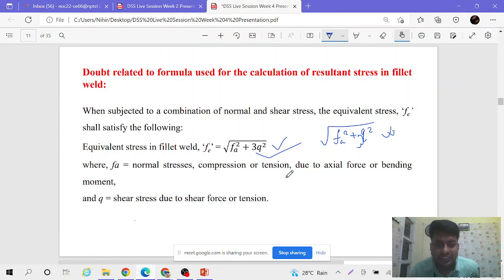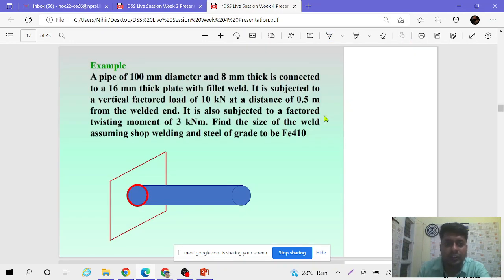Okay, so what I was saying, for the calculation of the equivalent stress in fillet weld due to this normal and shear stress, please use this formula. Let us discuss it to make it clearer. Do you remember in my last live session I discussed this example?